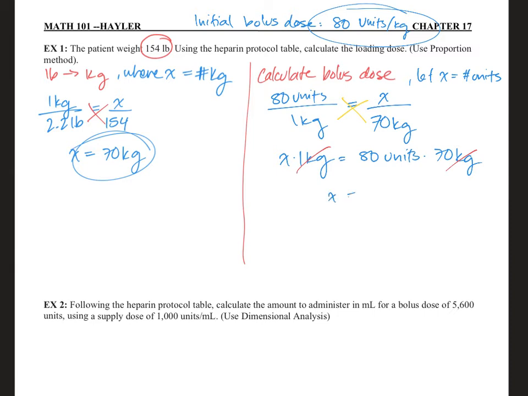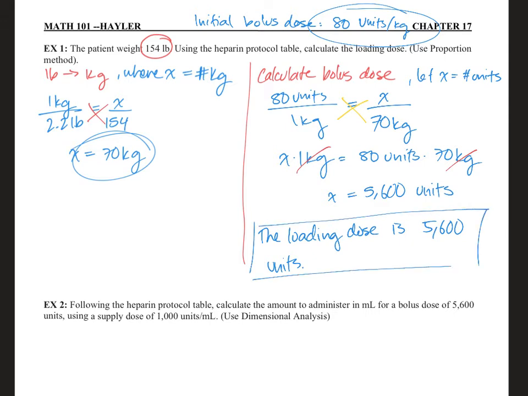So X is going to equal 5,600 units. Alright, so the loading dose is 5,600 units.